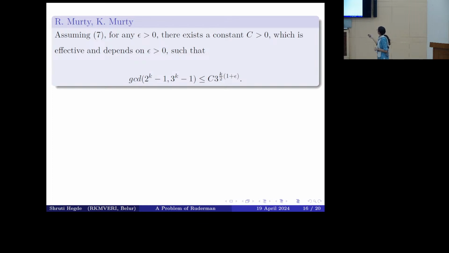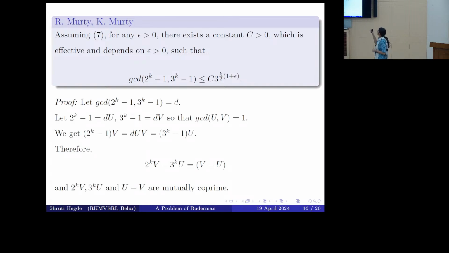And how can we do that? We can just take the GCD to be D, and 2 power k minus 1 will be equal to D into U for some U, and 3 power k minus 1 will be equal to D into V for some V. And this U and V have to be co-prime, right? Now you just multiply: 2 power k minus 1 into V has to be equal to 3 power k minus 1 into U, obviously, and that will give us this relation.